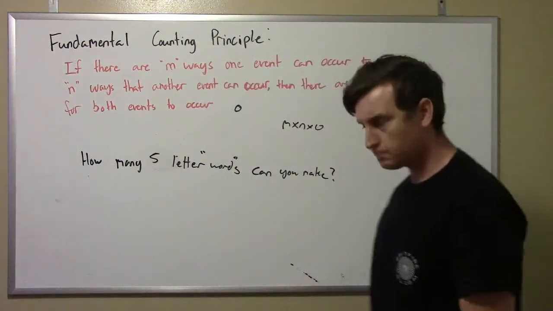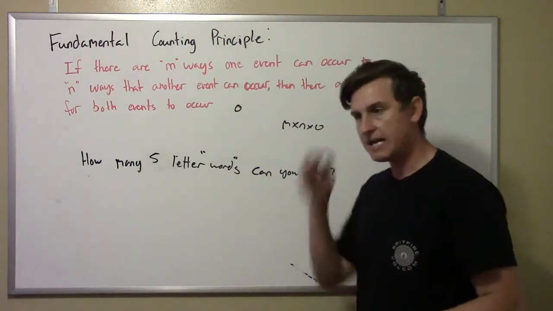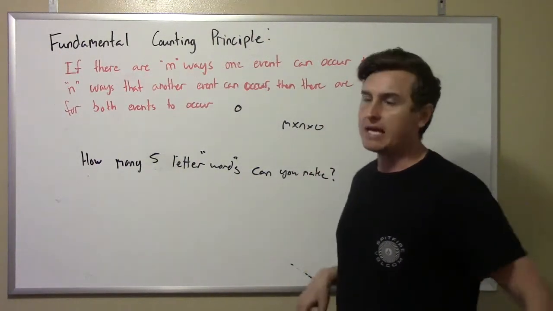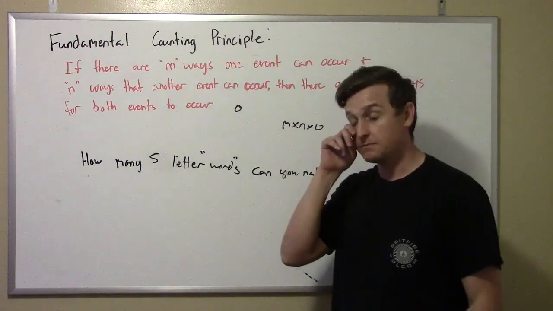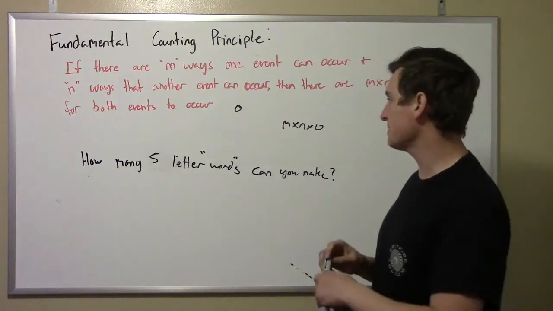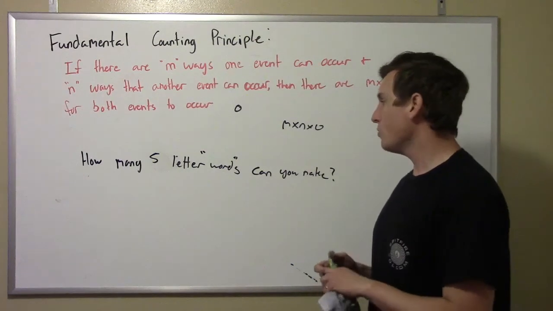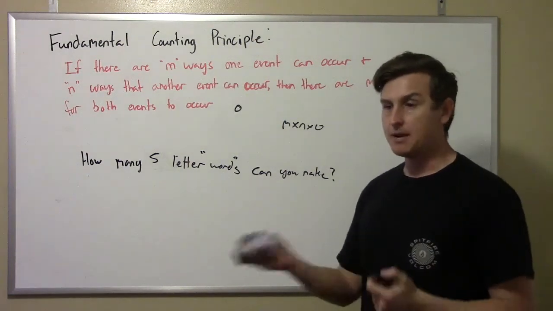Sometimes when you're making a password, it'll say that one of your characters has to be a special character in your password or something like that. So we can add numbers if we want.